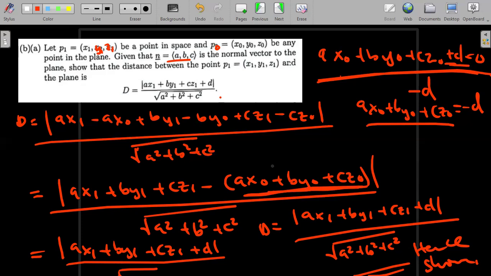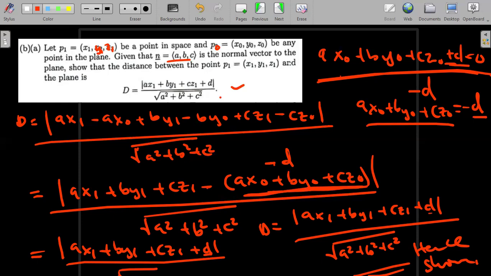So I can replace this part by negative d, because it's saying this is equal to negative d. But then this negative multiplies with a negative d, and I just have positive d. So that's how I get that positive d there. Yeah, and this then gives me what we are looking for. So hence shown. Okay, thank you.